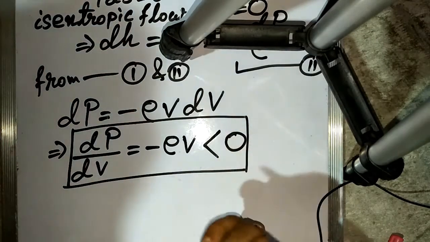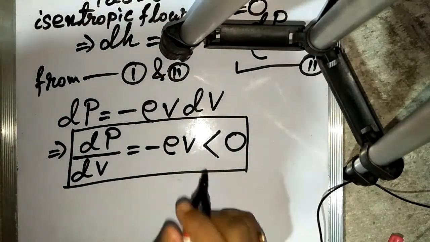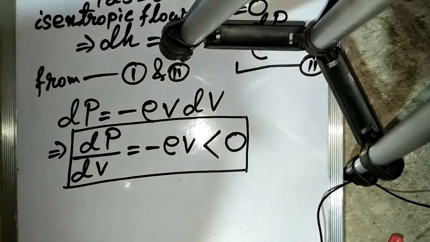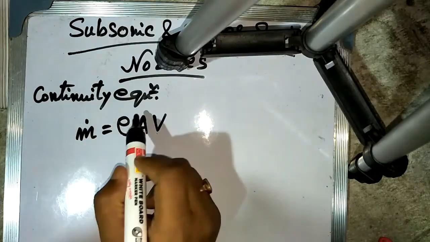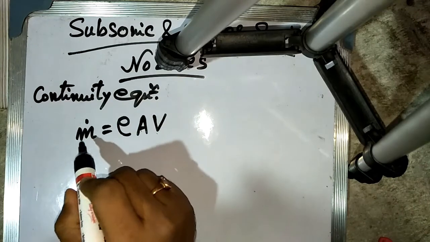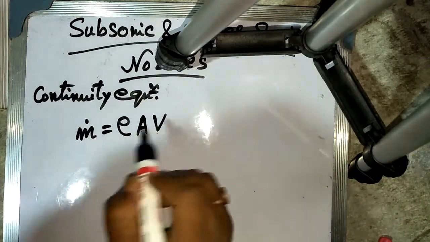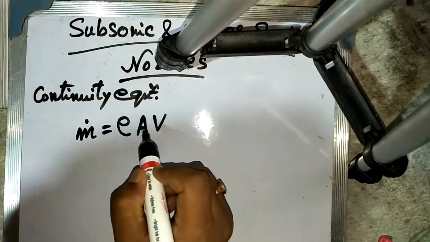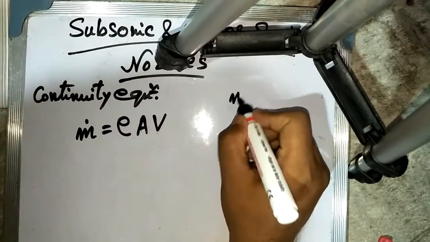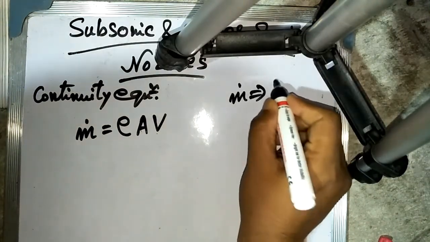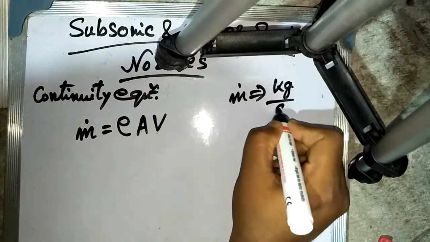So from the continuity equation, we can write the mass flow rate m dot is equals to density into area into velocity. The unit of mass flow rate is kg per second.